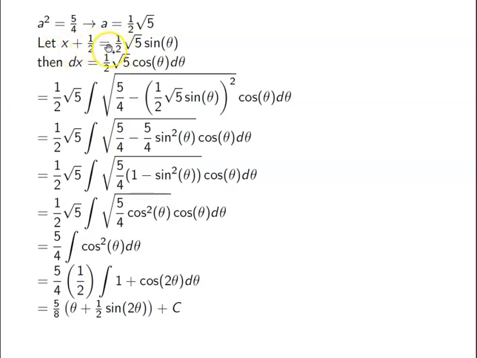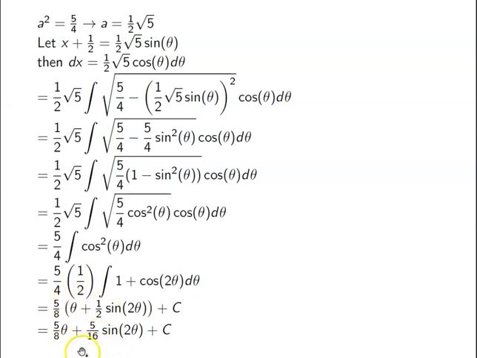This x plus 1/2 is 1/2 √5 sine theta, and I will solve this for theta so that I can come back. So we always go back to our initial substitution, right? Our initial substitution is what we're working off of in order to resubstitute back, in order to build our right triangle, and all these kinds of things that we need in order to evaluate what we have.